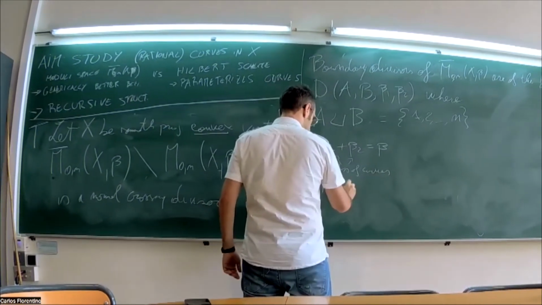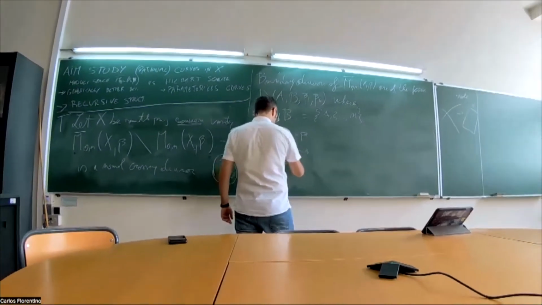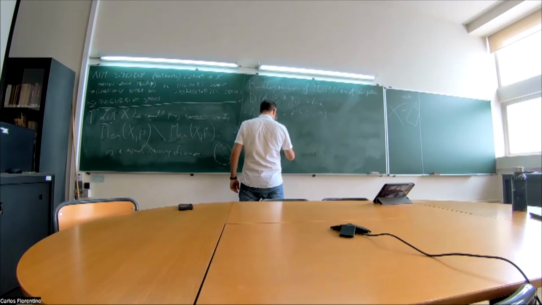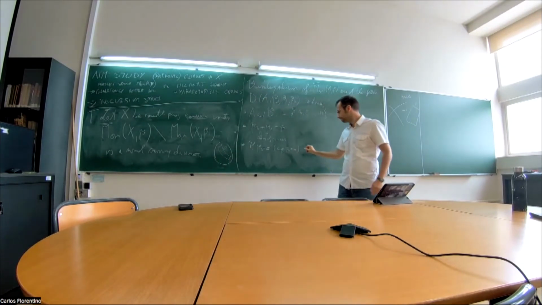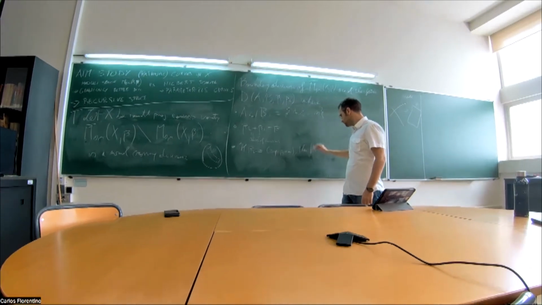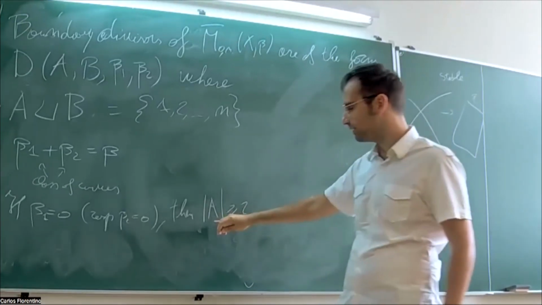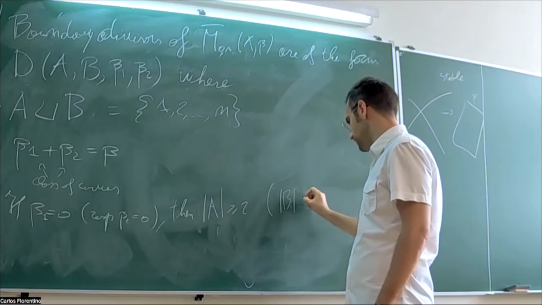If beta is equal to 0, beta 1 is equal to 0, or beta 2 is equal to 0, then the cardinality of A is at least 2, and same for B.